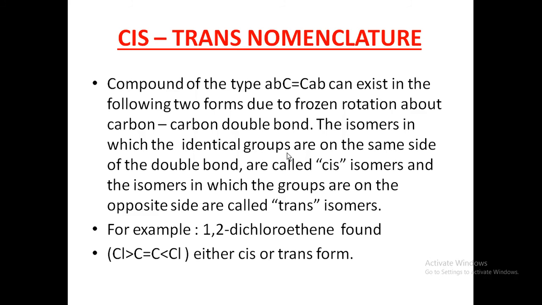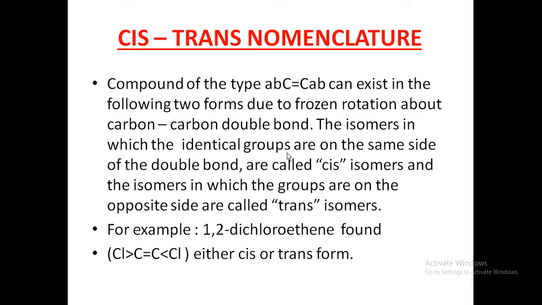Now, the cis-trans nomenclature is the most common system of nomenclature, which is presently obsolete. IUPAC is not considering this system of nomenclature. Anyway, as it is very common and very popular, we have to discuss this method.